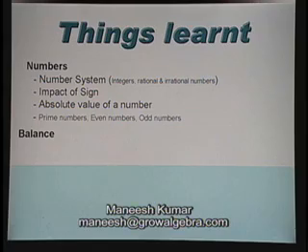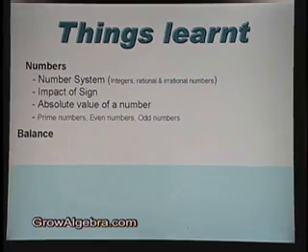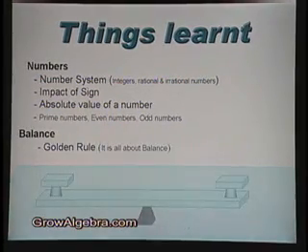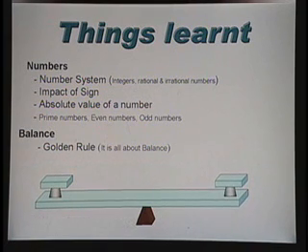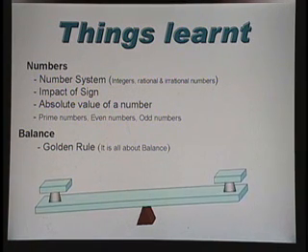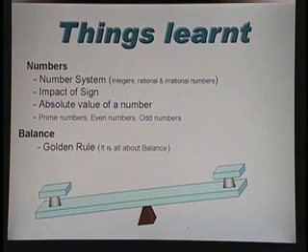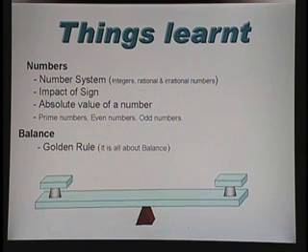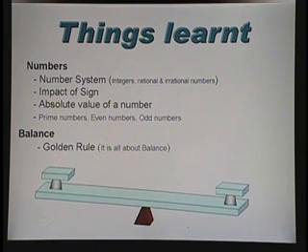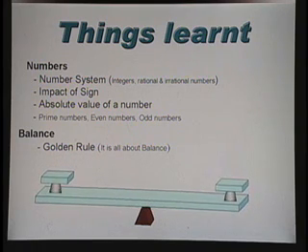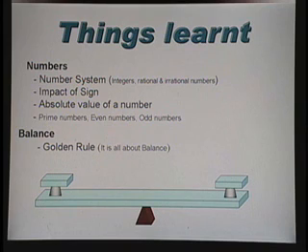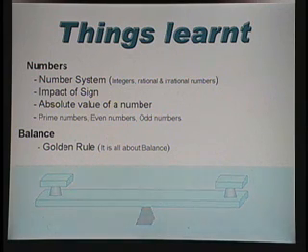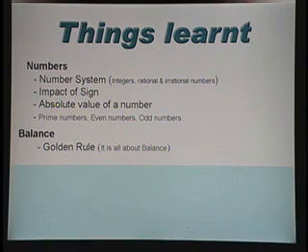Now the next thing is balance. We talked about the golden rule. It's all about balance, and again we will take some more examples. We'll talk in more detail as to what we mean by balance, what we mean by our golden rule.